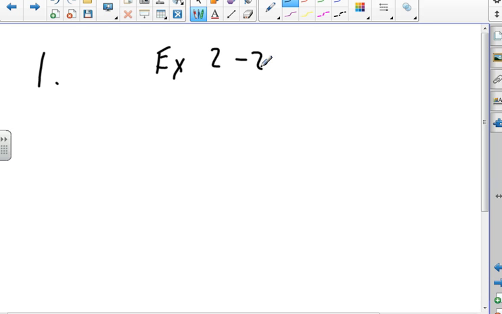Okay. Double pole, double throw. Currently it's a double pole single throw.